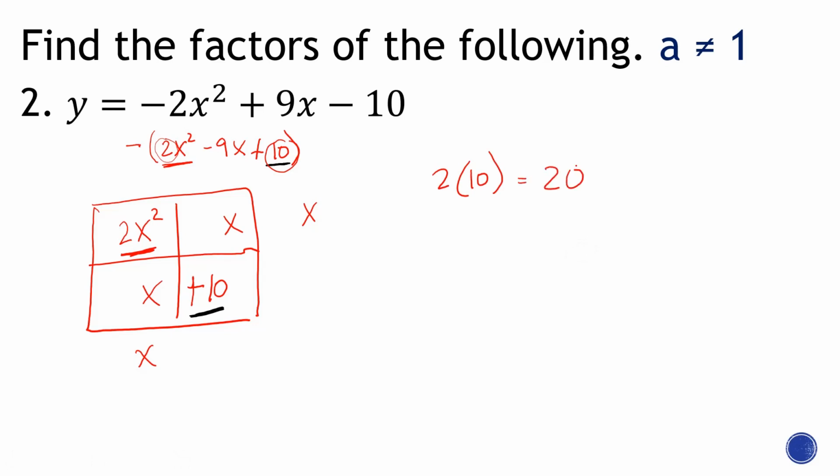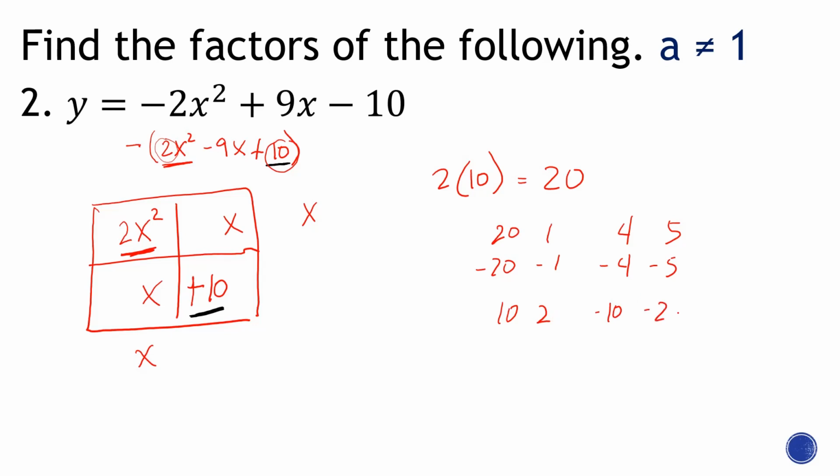And then what's the next step? That's right. Think of any two numbers that, when you multiply them, give positive 20. I'm thinking about 20 and 1, negative 20 and negative 1, 4 and 5, negative 4 and negative 5, 10 and 2, negative 10 and negative 2. So I have 6 pairs here.